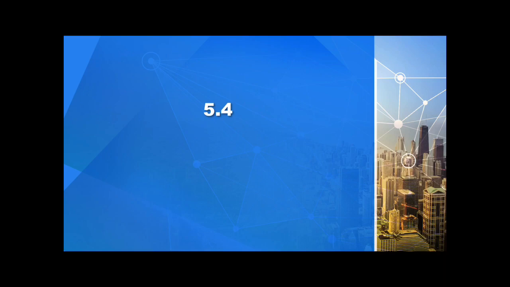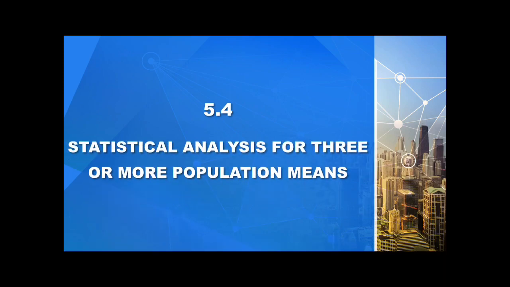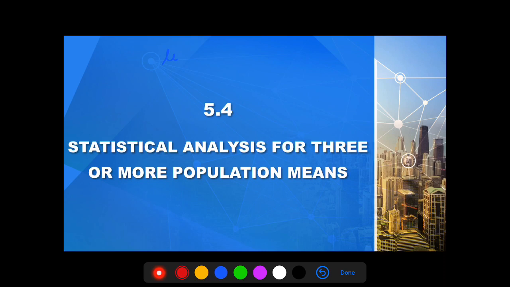Next, 5.4 statistical analysis for 3 or more population means. Before that, let's recall a little bit. If you have mu1 and mu2, you want to see is there any difference between these two mu. You can use hypothesis testing.